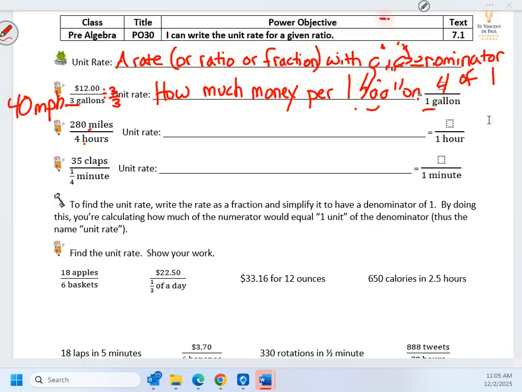All right. So if we're going 280 miles in 4 hours, we're going to bring that down. We want to know how many miles per hour. Well, if I'm going from 4 hours to 1 hour, what math am I doing?